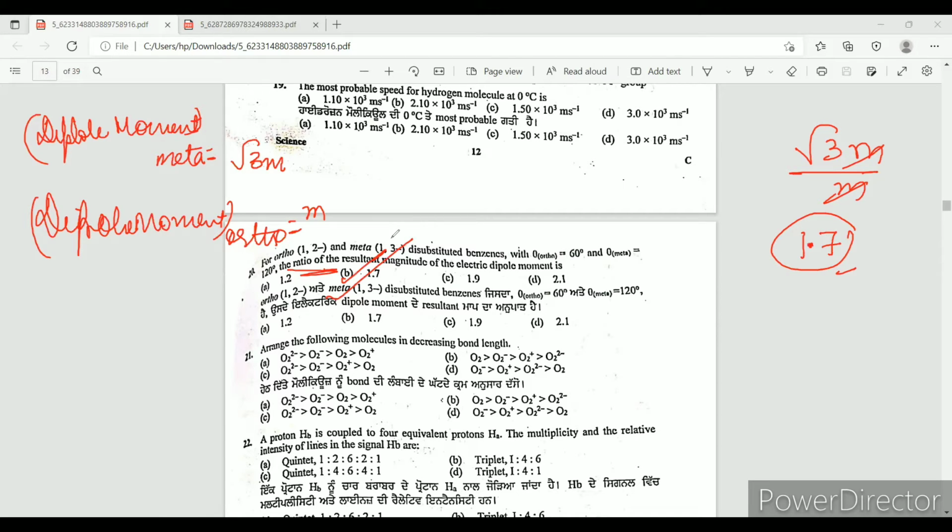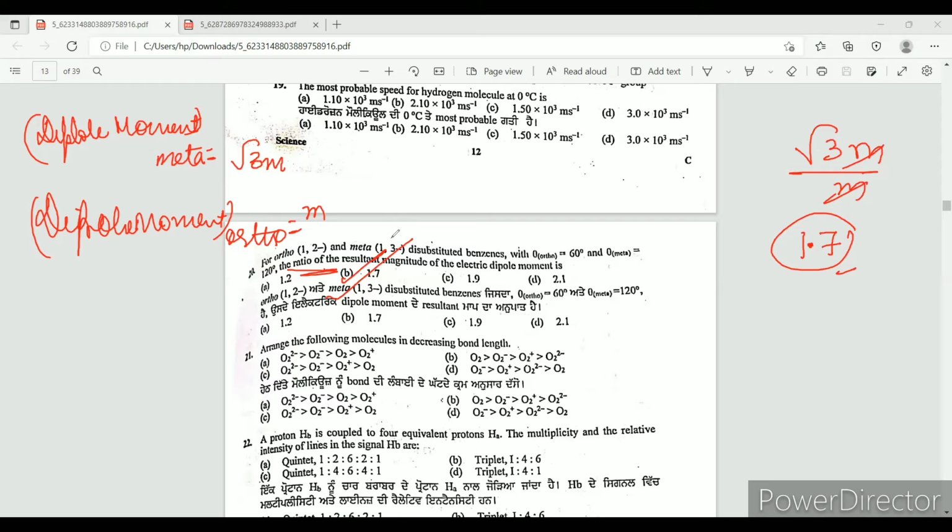I hope you know what ortho and meta di-substituted benzenes are. That means there is substitution at the first and second position, and there is substitution at the 1 and 3rd position. With di-substituted benzene, there could be any substitution. It could have any group like halogen or alcohol or nitro group.